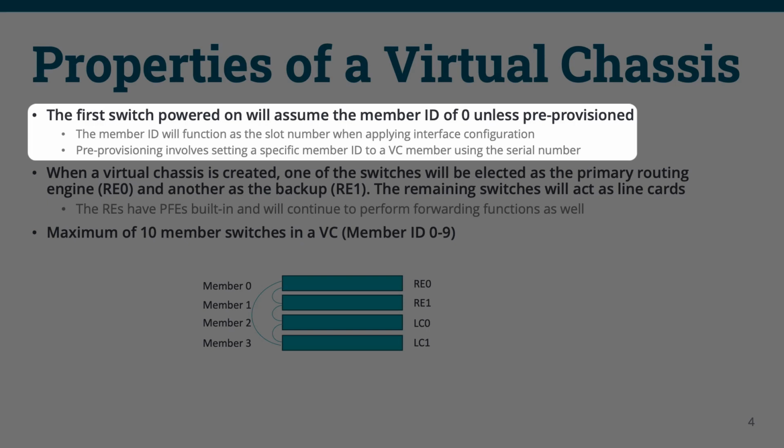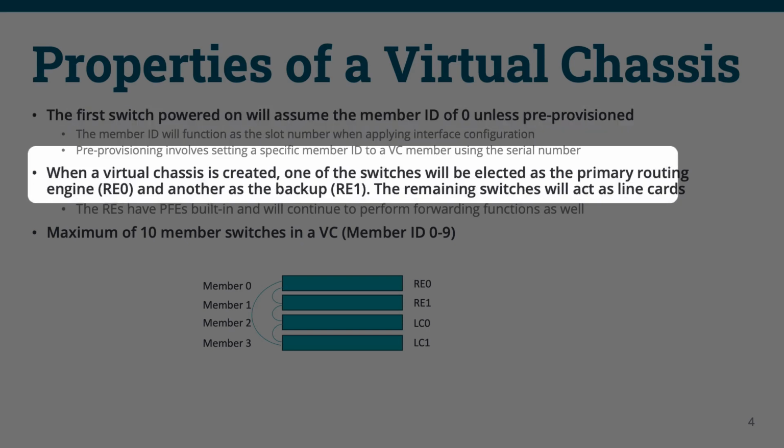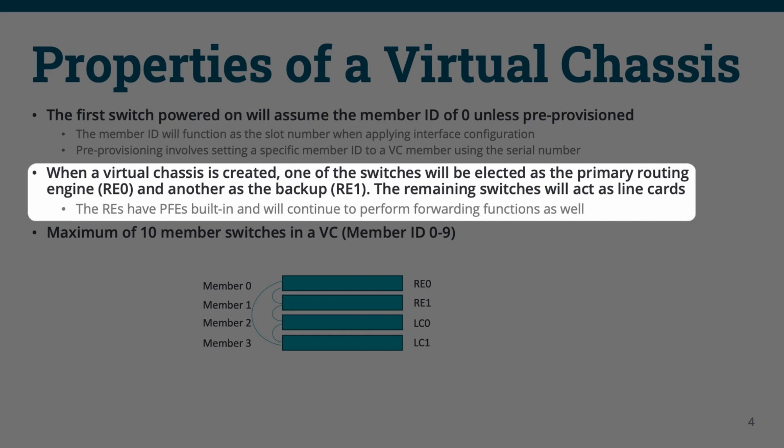This is done using the serial number of the member switch and defining the member ID in the primary RE's configuration. In a virtual chassis, we will also have two REs, RE0 and RE1. If all configuration is left to the defaults, the first switch to power on in the virtual chassis will assume the role of RE0 and member ID 0.